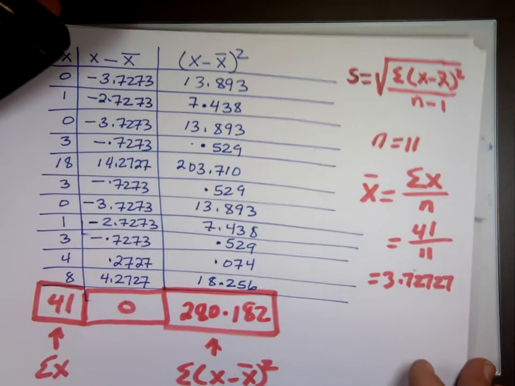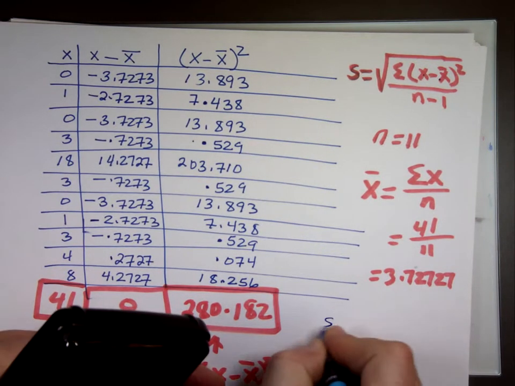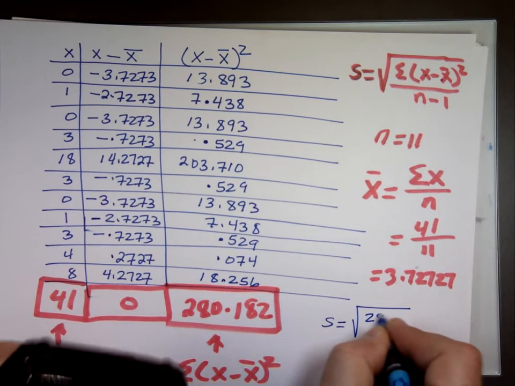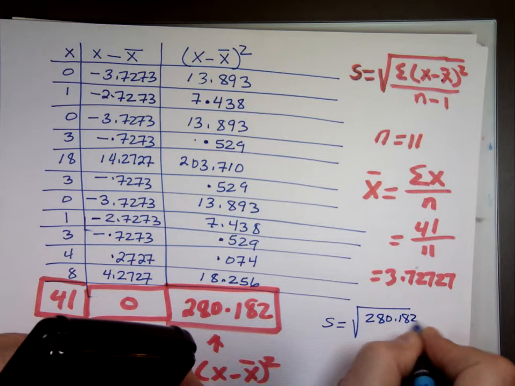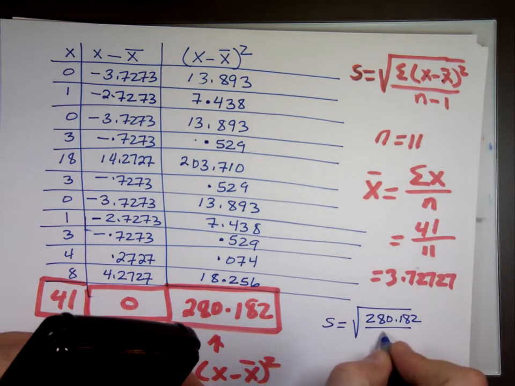$280.182. Now, what is the standard deviation? It is the square root of 280.182 divided by 11 minus 1. 11 minus 1 is what? 10.